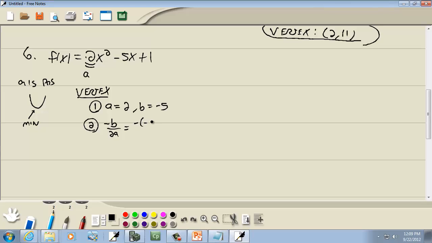So we have negative 5 over 2 times 2. Negative gives us a positive 5, and 2 times 2 gives us 4. And again, that's the x part of our vertex. Then we want to take that value and plug it back into our original function. So everywhere I have an x, I'm going to put in 5/4.